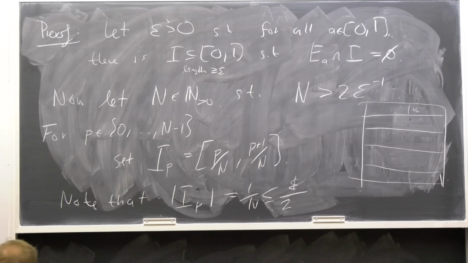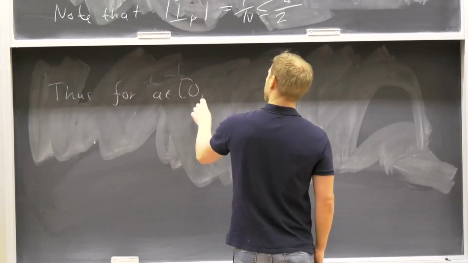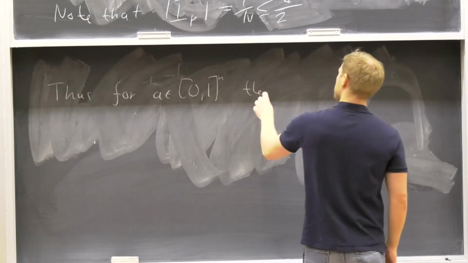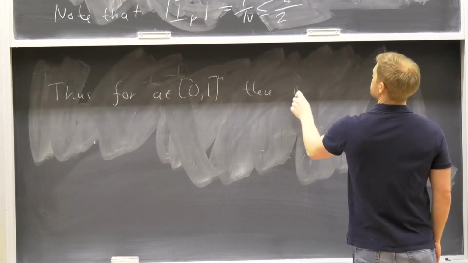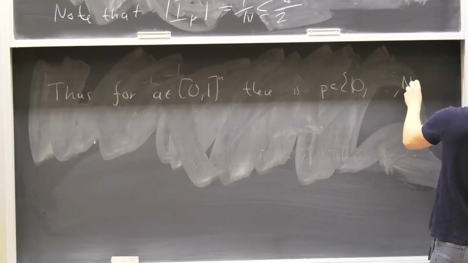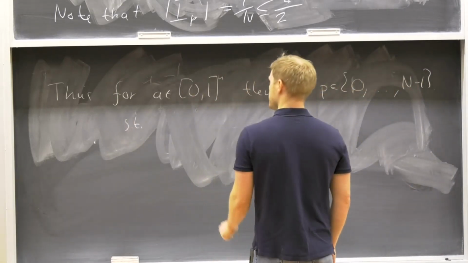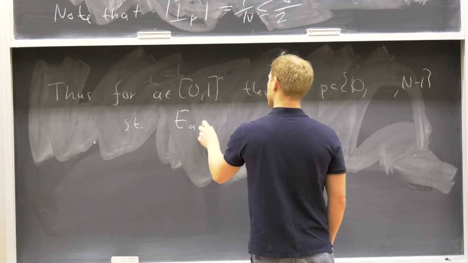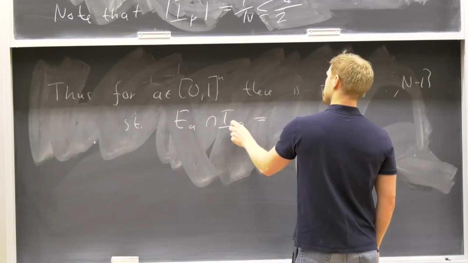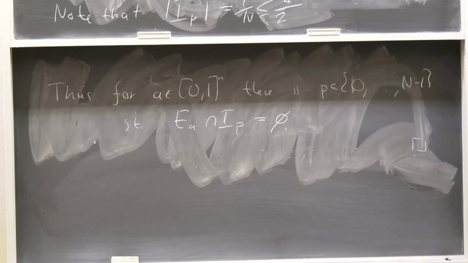So thus, for each A in [0,1]^n, there is p in 0, 1 to n minus 1, such that the intersection of EA with I_p is empty. That's it. So simply by the Pigeonhole principle. Okay.